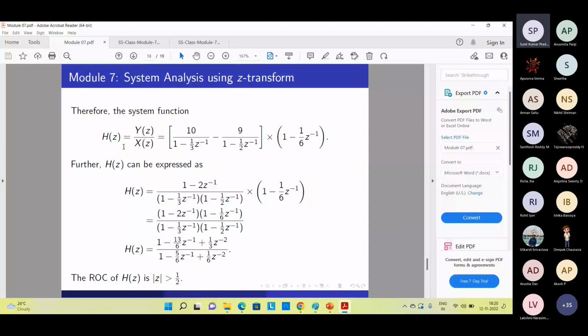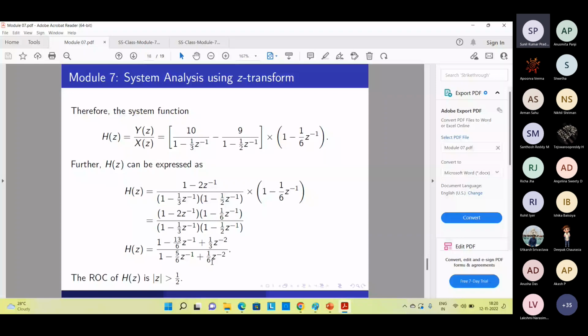Now if you use this, you can find that H of z is coming to be 1 minus 13 by 6 z inverse plus 1 by 3 z inverse squared, divided by 1 minus 1 by 6 z inverse plus 1 by 6 z inverse squared.